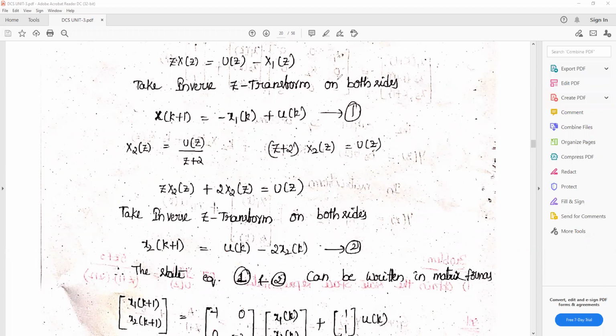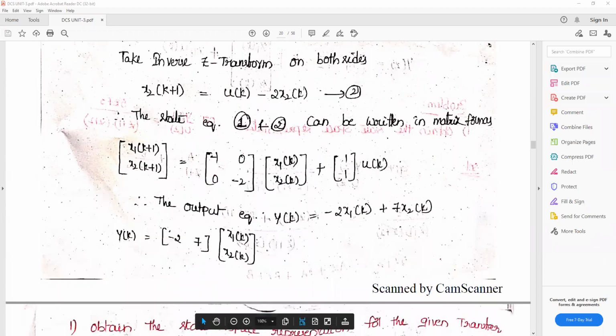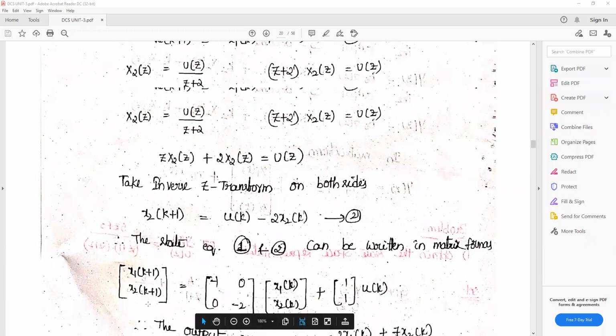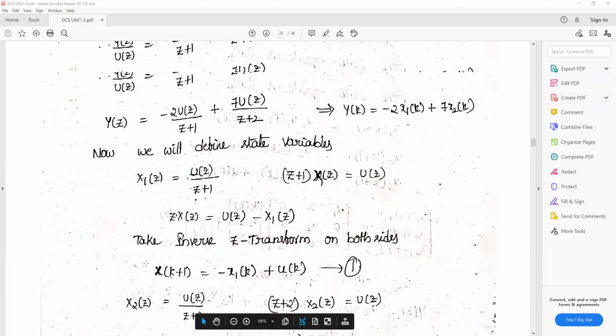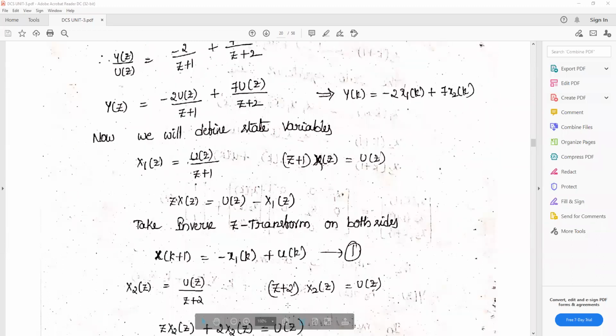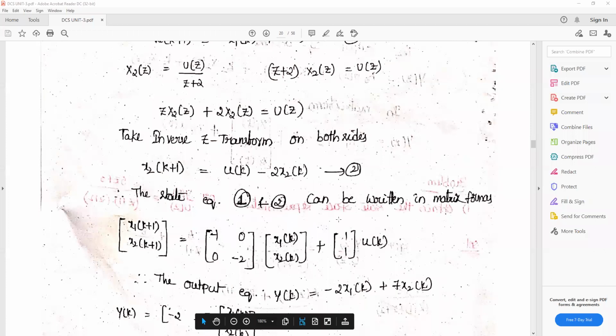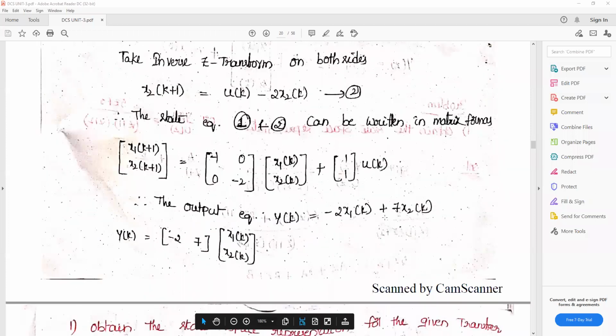And the output equation is y of k. The x1 of k coefficient is -2, the x2 coefficient is 7. So the output equation is y of k is equal to -2 into x1 of k plus 7 into x2 of k.